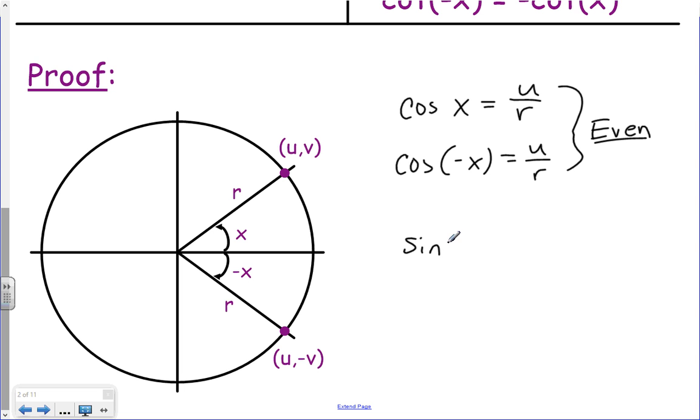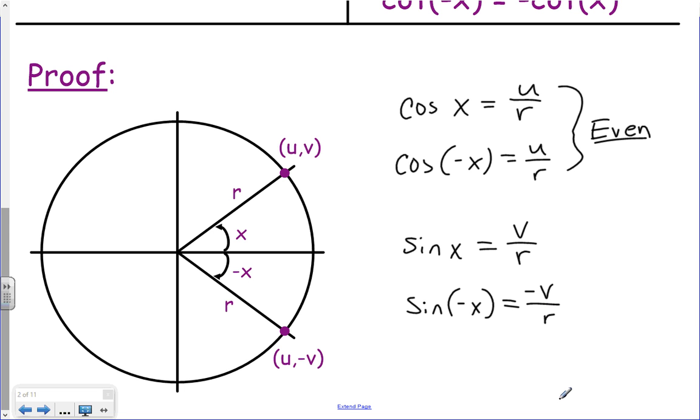Let's do the same thing for sine. If I take the sine of x, we know from our definition it is v over r. And now take a look at what the sine of the opposite of x is equal to. If I take the sine of the opposite of x, that's that angle that's down below the x-axis there. That's going to be the opposite of v over r.